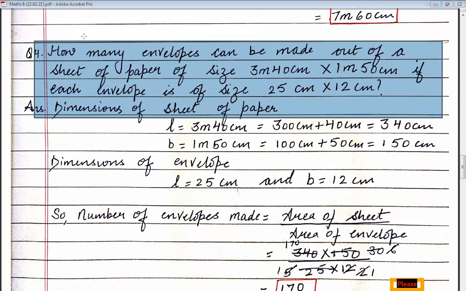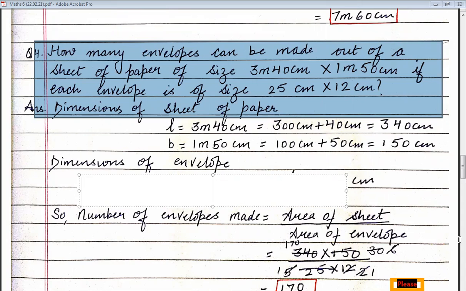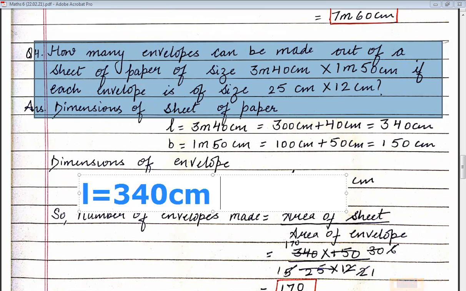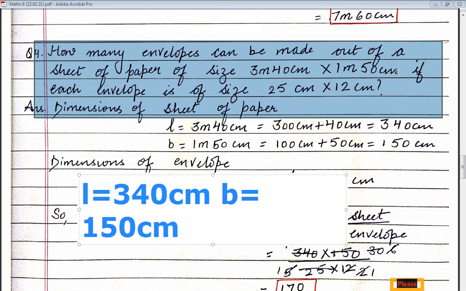Now, first of all, children, convert all the units into centimeter. So the sheet of paper will have dimension length equal to 3 meter 40 centimeter, means 300 plus 40 will give you 340 centimeter, and the other dimension, that is breadth, will be 1 meter 50 centimeter, means 150 centimeter.